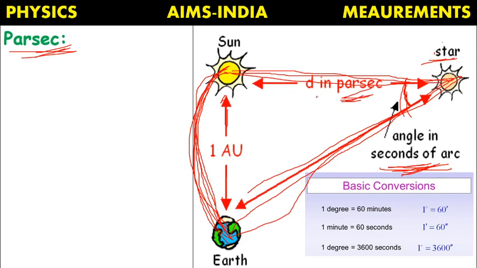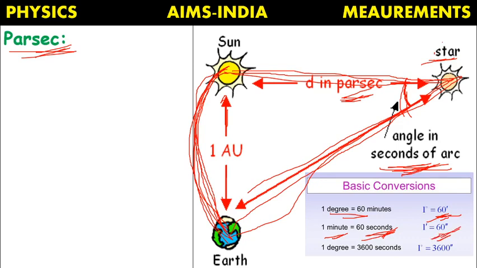Here we should know what an arc second is. We know that if 1 degree is divided into 60 equal parts, then 1 degree becomes 60 minutes. So here minute, along with being a unit of time, we can also consider as a unit of angle. Again, if 1 minute is divided into 60 equal parts, each part is considered as a second, 60 seconds.